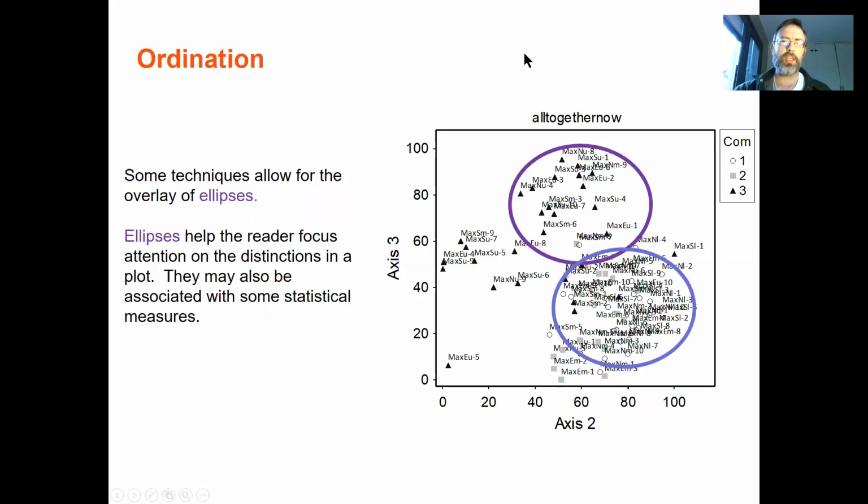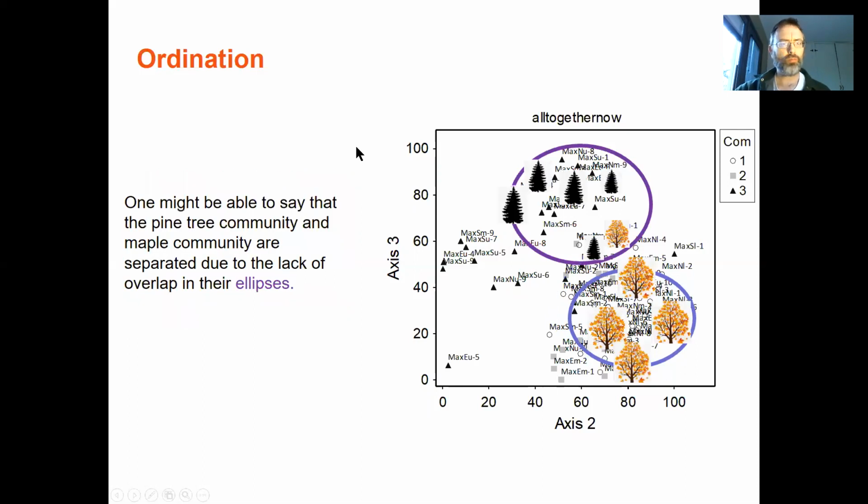It's not cheating to put ellipses on the diagram, although I'm a little shy about it, and in my own work, I've never drawn ellipses on my figures. But you might be able to draw it like this and go, oh, look, these ellipses are not overlapping. The maple dominated plots and the pine dominated plots are separated. Look at this.